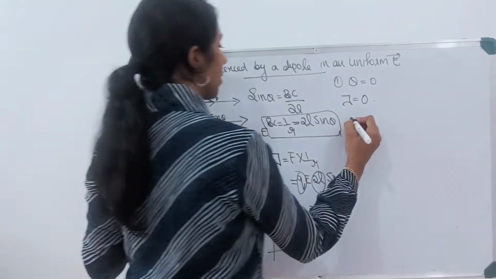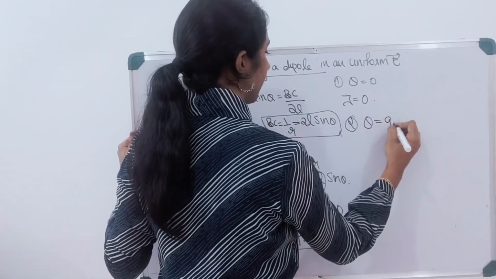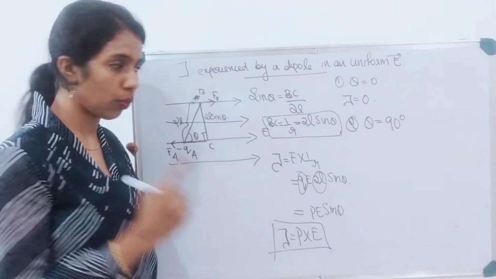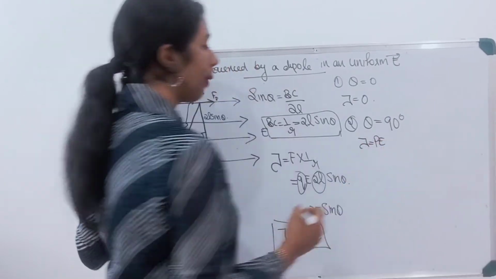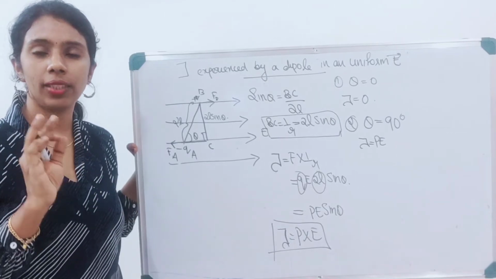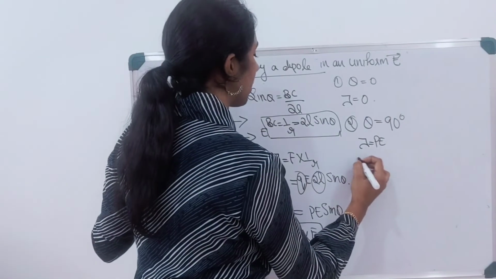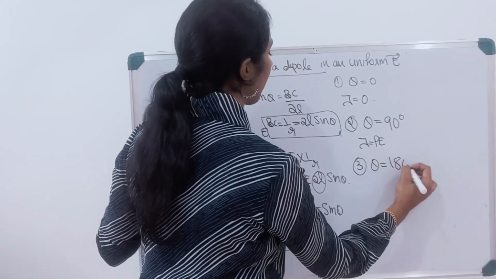Now second case, if the dipole is kept perpendicular to the electric field. So theta is equal to 90 degree, sine 90 is 1. So in this case, torque is equal to PE. So when the dipole is kept perpendicular to the electric field, that dipole will experience a maximum torque. Now comes the third condition, that the dipole is anti-parallel to the electric field.